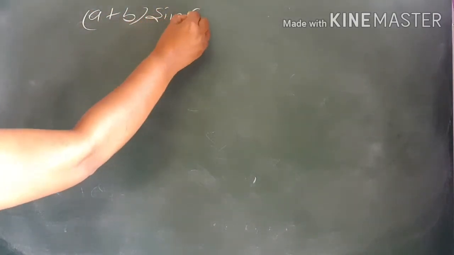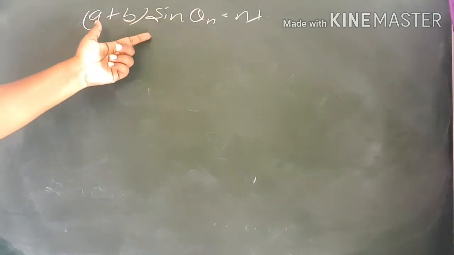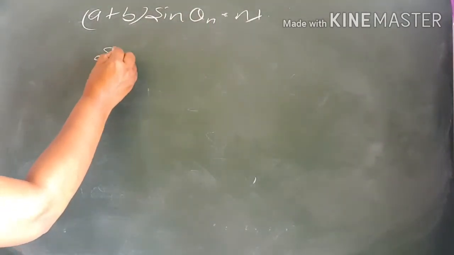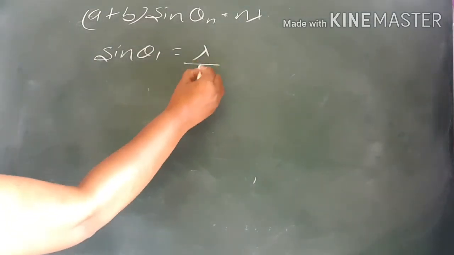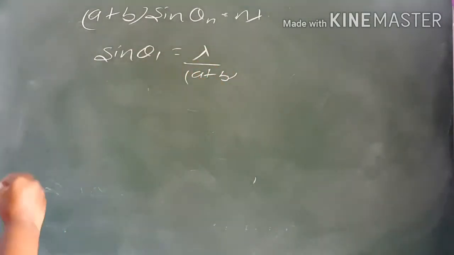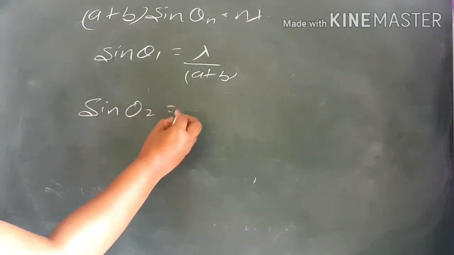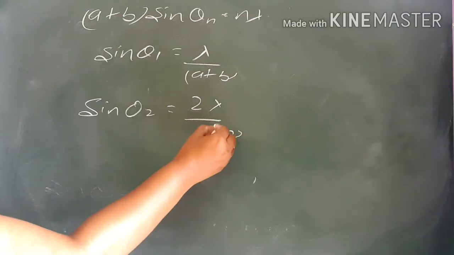This is the equation for maxima: (a plus b) sine theta n is equal to n lambda. If we put n is equal to 1, then sine theta 1 is equal to lambda by a plus b, and sine theta 2 is equal to 2 lambda by a plus b.